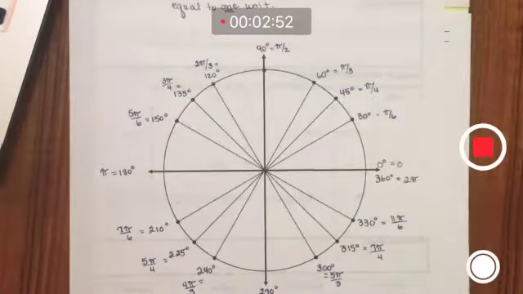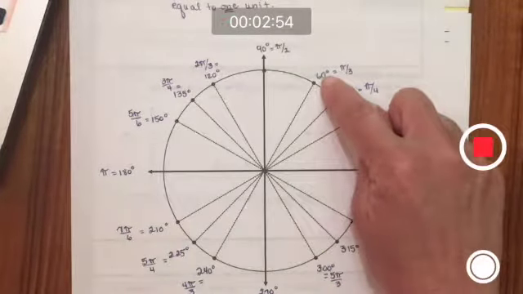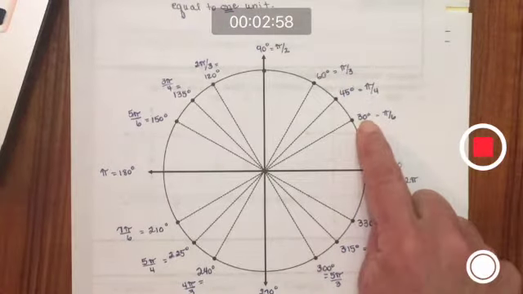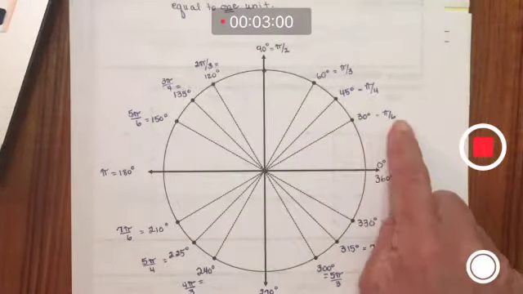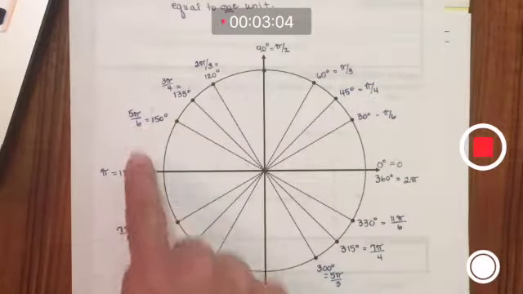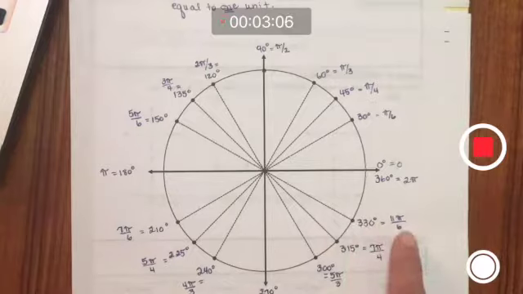And then the others are either 30 degrees or 60 degrees from the x-axis. Notice all the 30-degree reference angles, the ones closest to the x-axis, all have a denominator in radian form of 6.